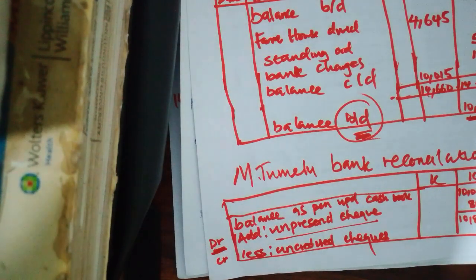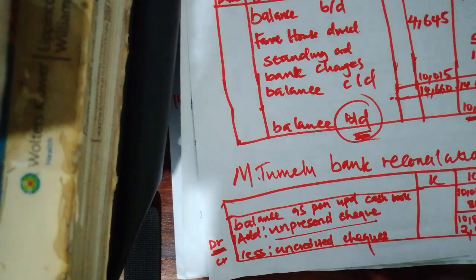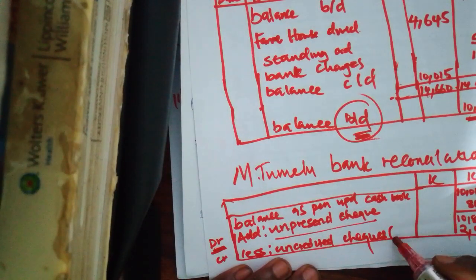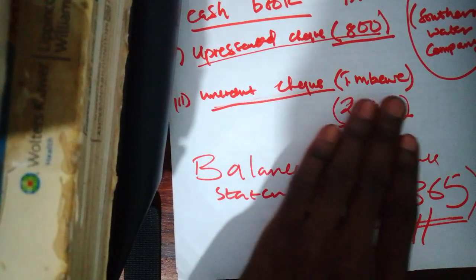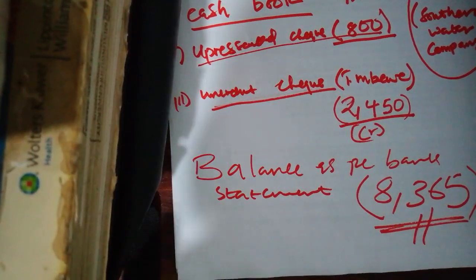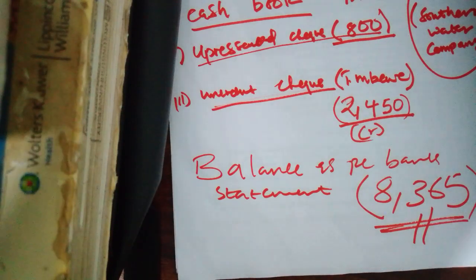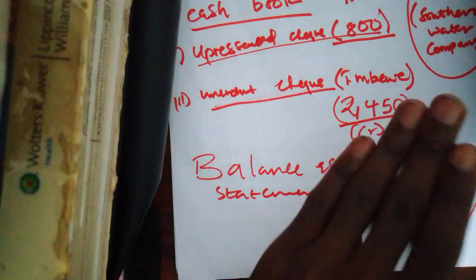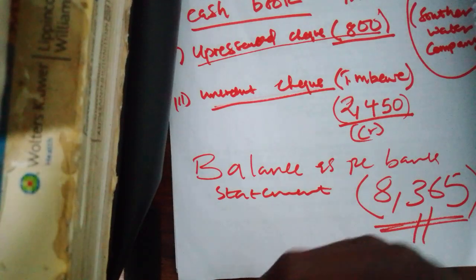So this you add, then this you subtract. So you subtract now 2,450. This uncredited check was for Team Bell. It was on the credit side of the cash book, so in the bank it will be on the debit. So you have to subtract.